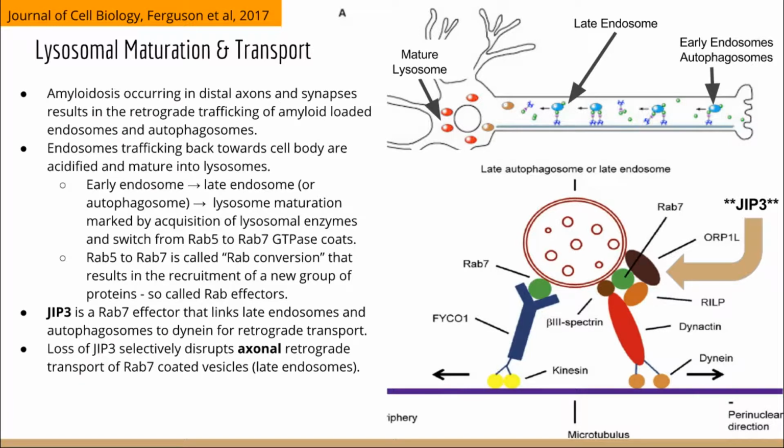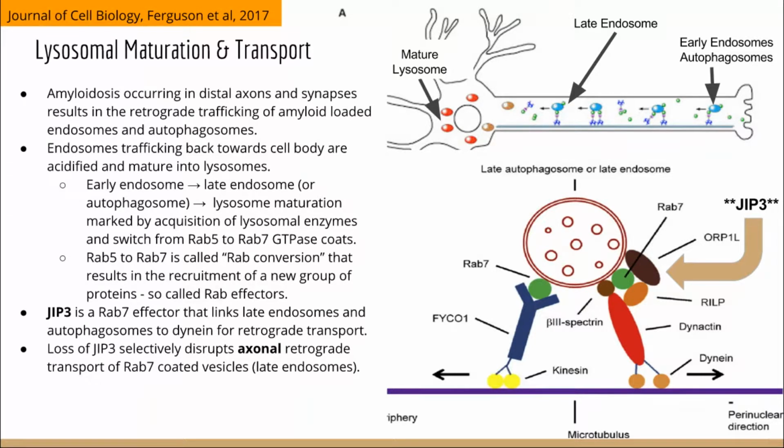move retrogradely. And the loss of JIP3 selectively disrupts axon retrograde trafficking of Rab7-coated vesicles, but it does not affect the dendritic trafficking or the somal trafficking of lysosomes or late endosomes. So if a researcher wanted to selectively disrupt axon retrograde transport of late endosomes, they would knock out JIP3.